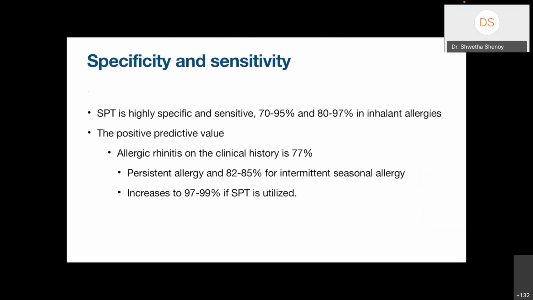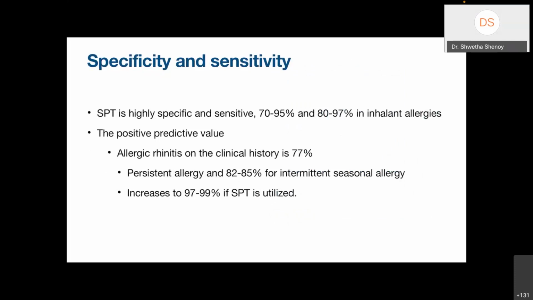Now, what is the beauty of skin prick test? It is highly specific and sensitive: 70 to 95% specific if done right, and 80 to 97% sensitive. If on history you believe that it is allergic rhinitis, it improves your positive predictive value, where only with history it is 77%, but when you use SPT, it increases to 97 to 99%.